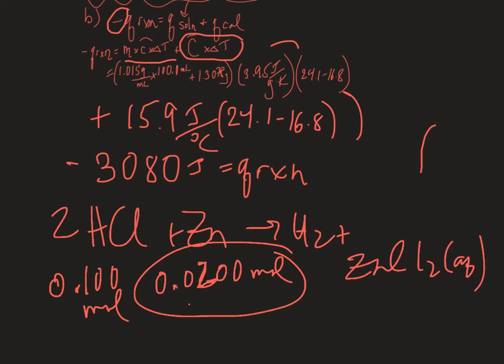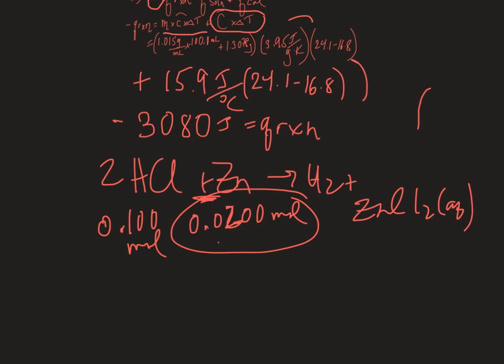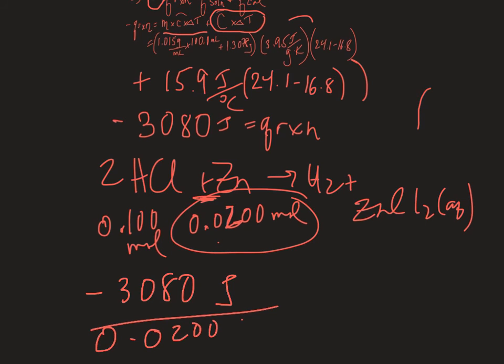But we always normalize to the 1 mole, and because the zinc has the 1 in front of it, we're just going to take our negative 3080 joules and divide it by 0.0200 moles, and we will get a number of negative 154. I'm going to convert to kilojoules because it's so big.